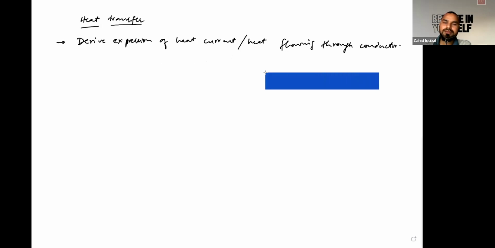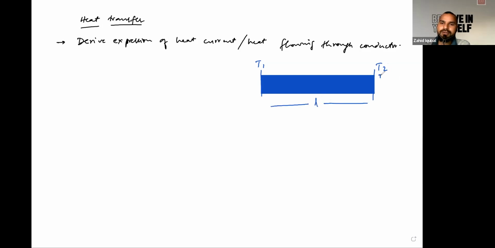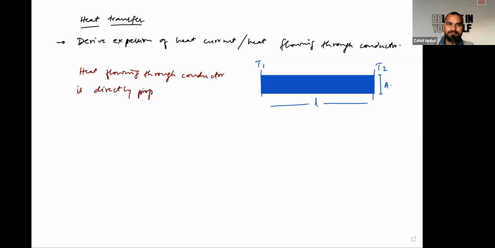Suppose this is any slab conductor which is maintained at temperature T1 this side and temperature T2 this side, having length L, area of cross section A. So you will say heat flowing through conductor is directly proportional to first, temperature difference at its ends. Second, area of cross section.